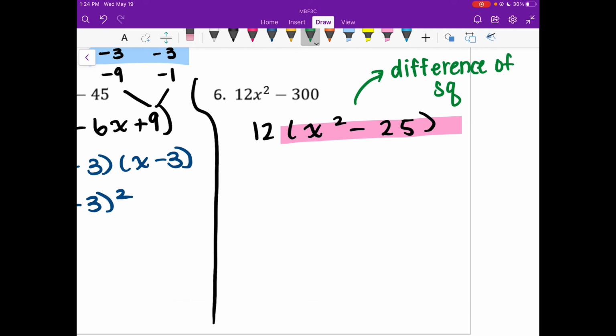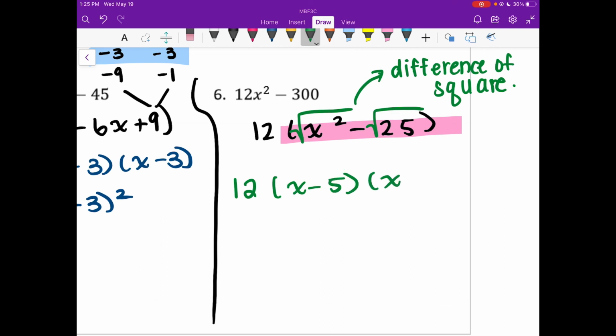So what we can actually do now is take the square root of the first term, square root of the second term, and we can put it in as 12, which we leave on the outside, x minus square root of 25 is 5, x plus 5. And that's our answer. So we don't have to go through all of those steps of finding r and s. It's just easier.